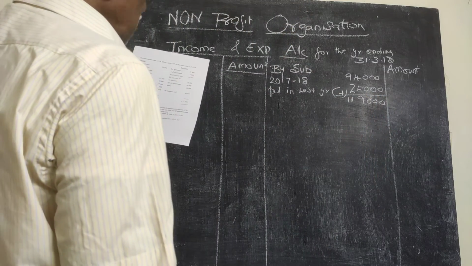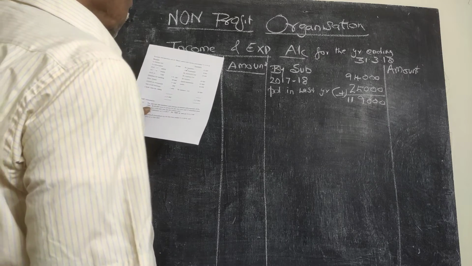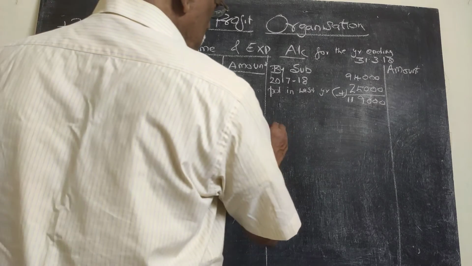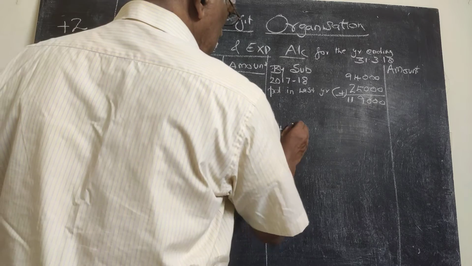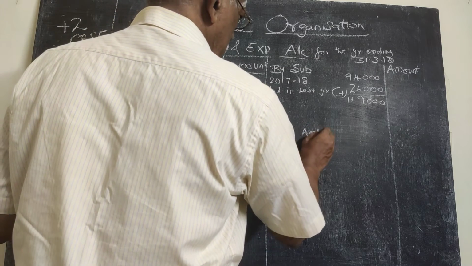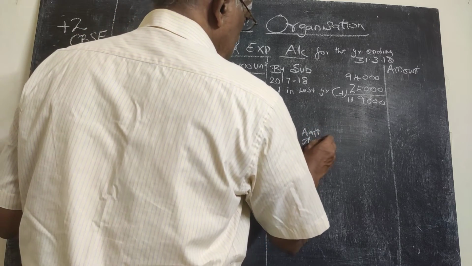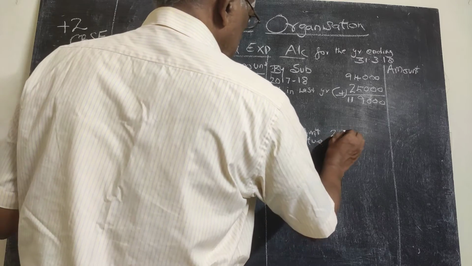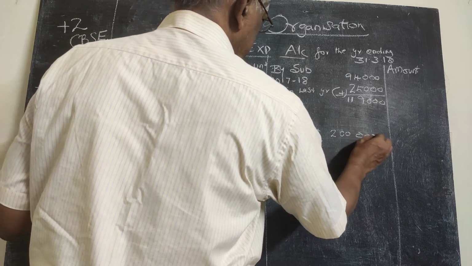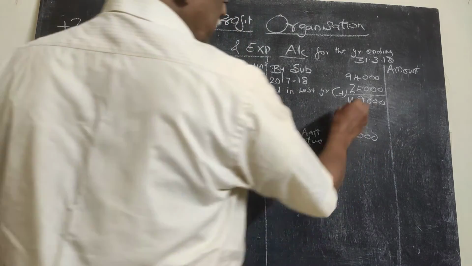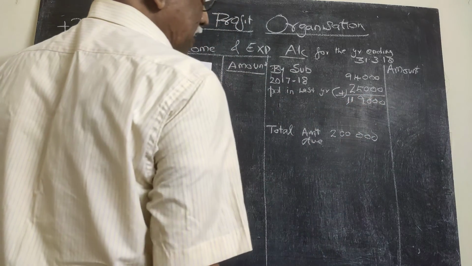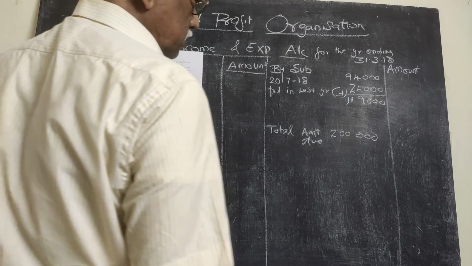Total number of members is given as 200. Therefore, total amount due is 200 into 1,000, 2 lakhs. But here there is only 1,19,000 for this year.